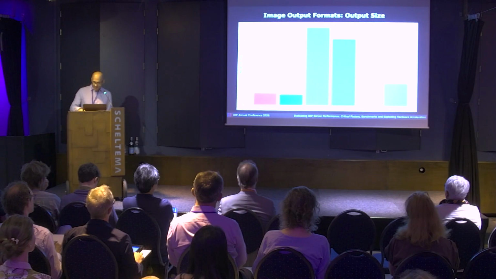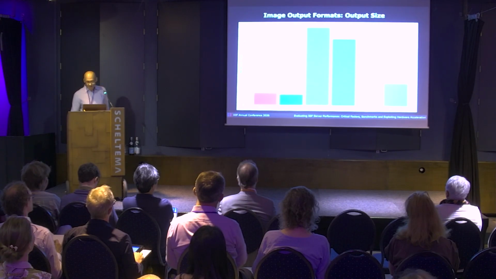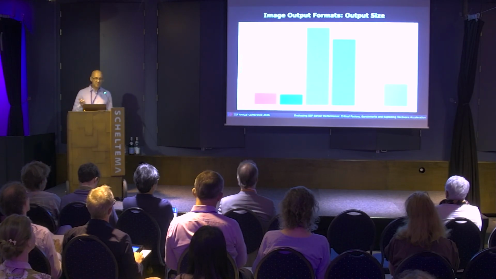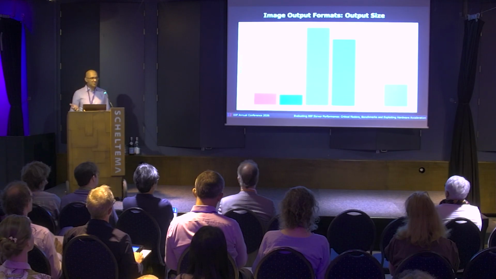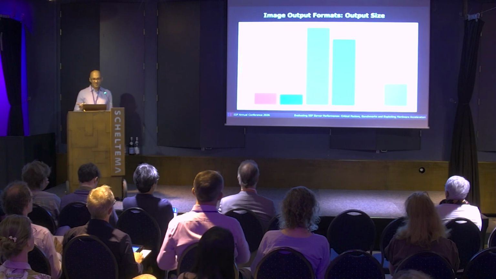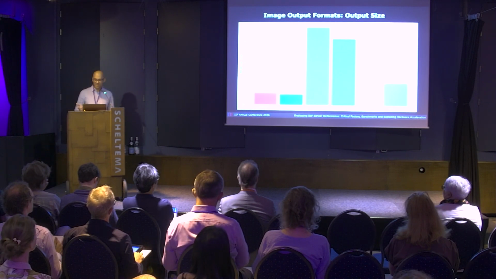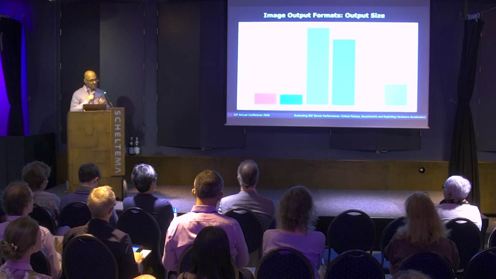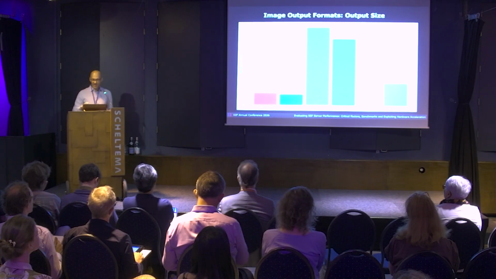And what was surprising here on the right is AVIF and JPEG XL for very small tiles, the kind of tiles you get in a pan and zoom viewer. These are modern formats which are supposed to compress better than JPEG, and they do. When you're using a large image, they actually do it quite well. But when you scale down to very small images, there's a lot of overhead, and they end up a little bit larger than JPEG.